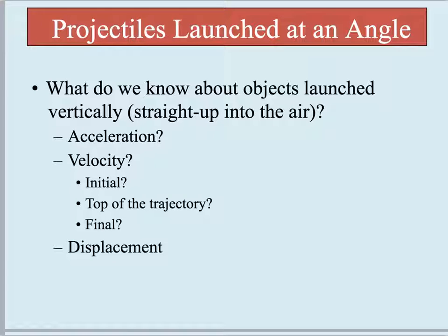What do we know about objects launched vertically, straight up in the air? Well, we know that when they go up in the air, their acceleration rate is negative 9.81 meters per second squared. We know that the top of the trajectory is their max height. We know at that point they have no velocity.